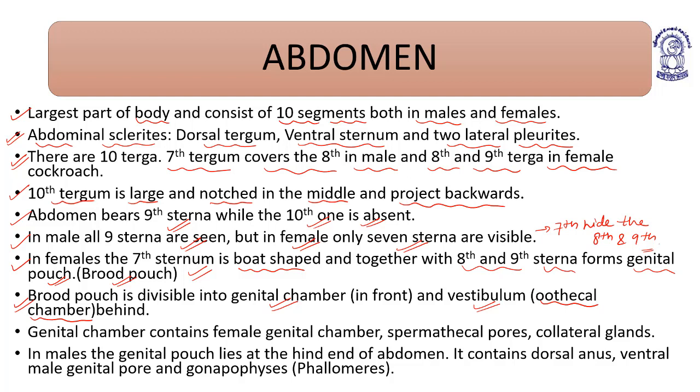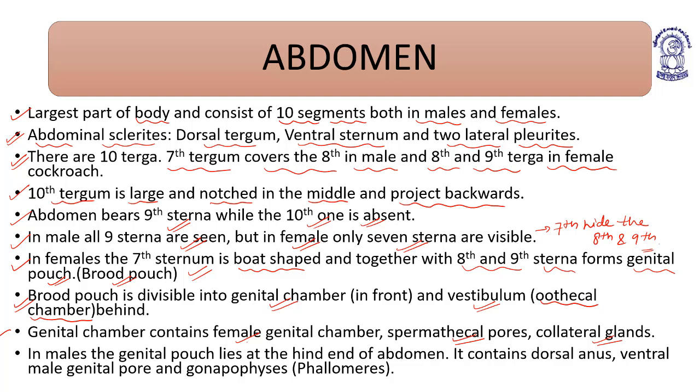The genital chamber contains the female genital pore, spermathecal pores, and collateral glands.